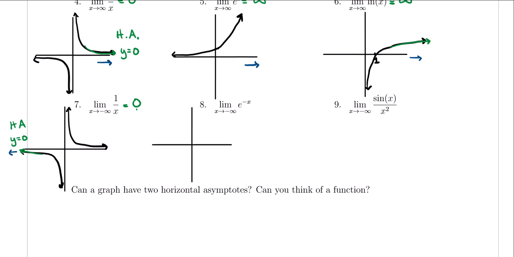So if our exponential function looked like this, that's e to the x, e to the negative x is reflected across the y-axis. So it should look something like this.